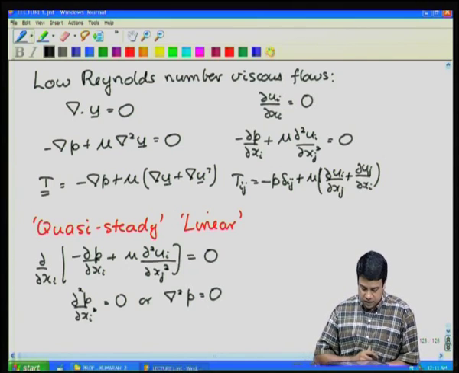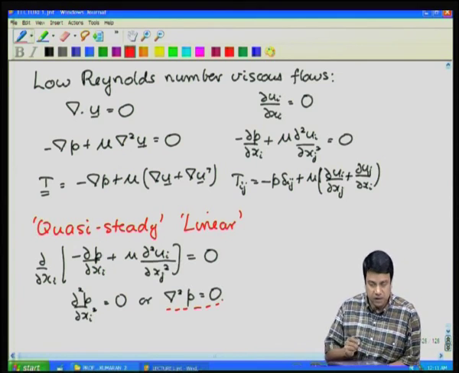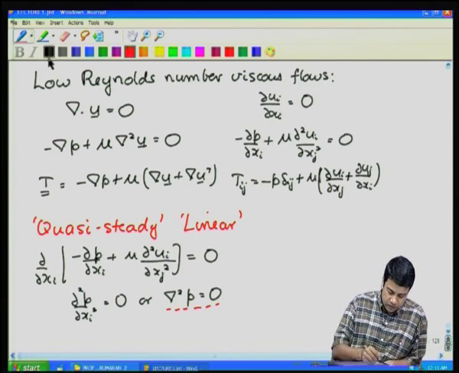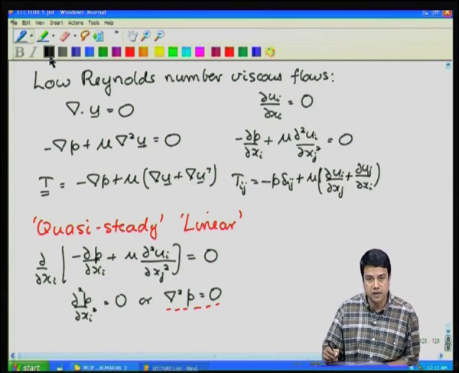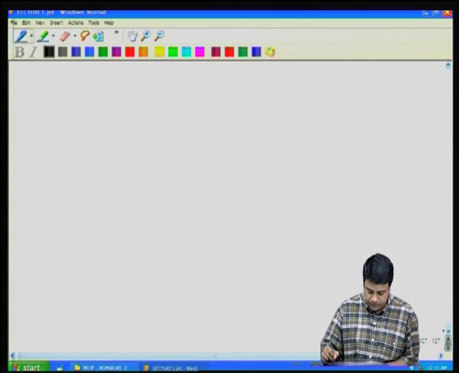How do I find out the velocity field? Since I have been able to separate out the pressure and find the solution for the pressure explicitly, I can go back to the momentum conservation equation, where I consider the pressure as an inhomogeneous term.